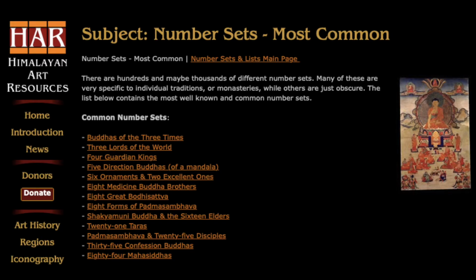Knowing the number sets is the easiest method for learning and memorizing the different groups of teachers, combinations of deities, mandala configurations, and really there's kind of two types. We have sort of common general number sets, but then we have very specific number sets that may belong only to a tantric cycle, or they belong only to a religious tradition like Sakya or Gelug or Nyingma or Bön.